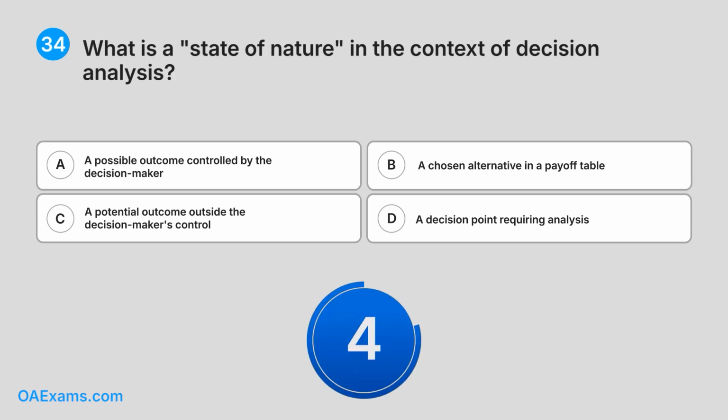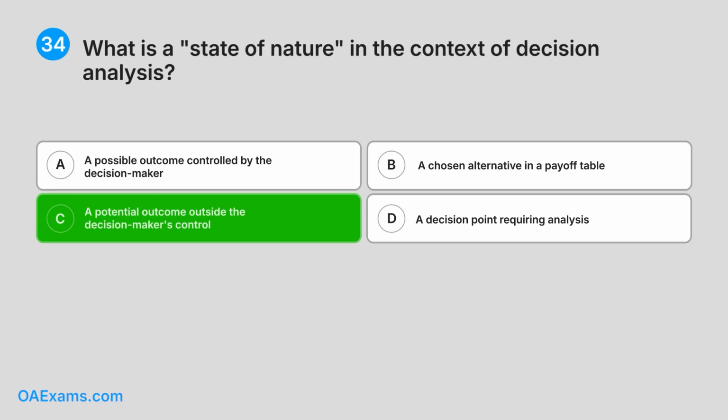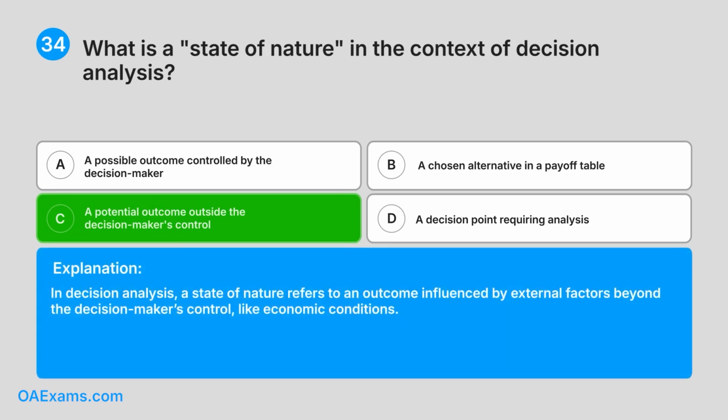Can you guess the answer? Correct answer: C. A potential outcome outside the decision maker's control. Explanation: In decision analysis, a state of nature refers to an outcome influenced by external factors beyond the decision maker's control, like economic conditions.